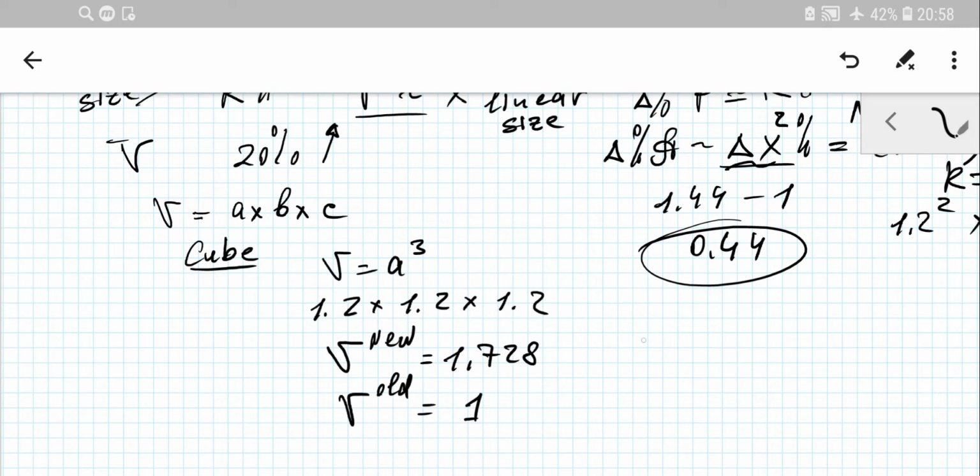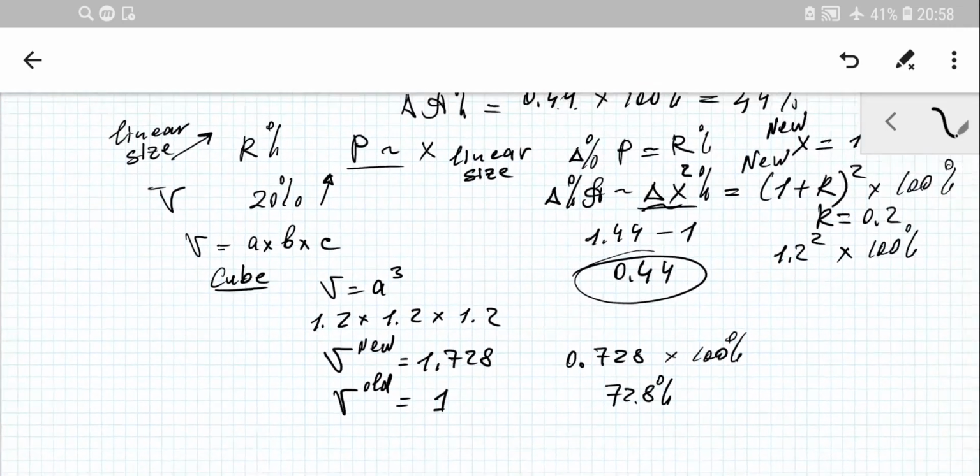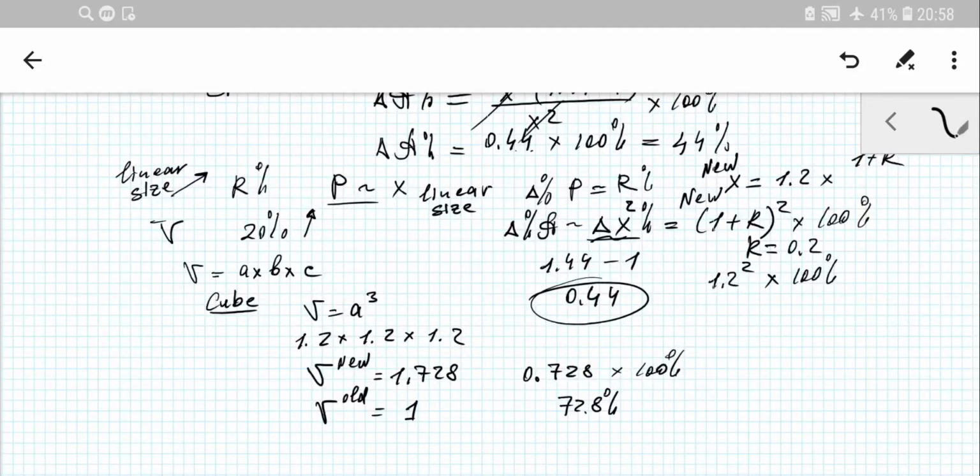You can make the difference and see that the result is 0.728 as a fraction, and if you multiply by 100, you'll get 72.8%. That's for a cube. So you see the logic. I don't recommend memorizing all that. Just try to understand how it works, the main principle here. Okay, so that was about percentages.